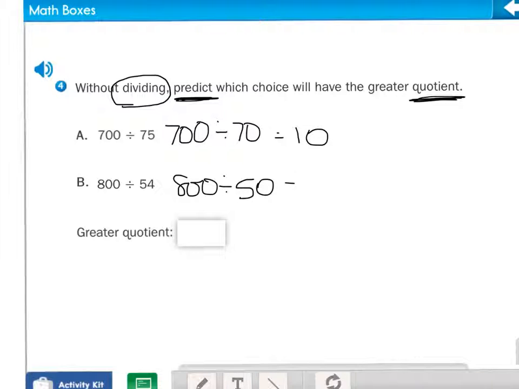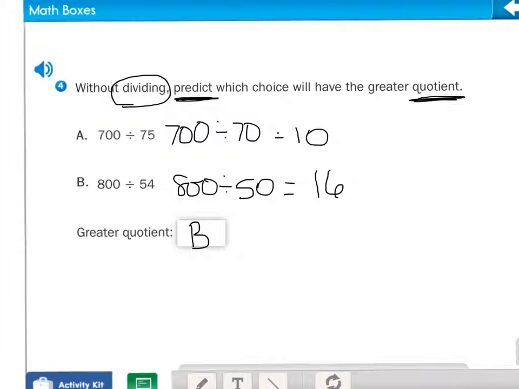When I look at that next one, 50 goes into 80 one time. And then I have 30 left over, so 80 minus 50 is 30. When I bring down that next zero, I'm going to have 300. And then 50 goes into 300 6 times. And so B is going to give you that greater quotient.